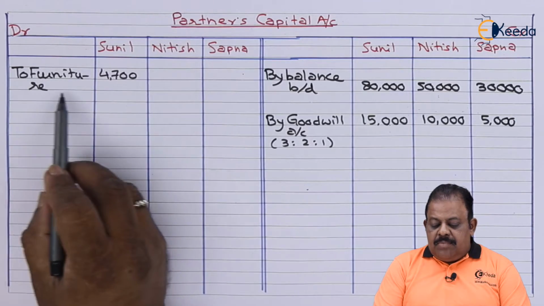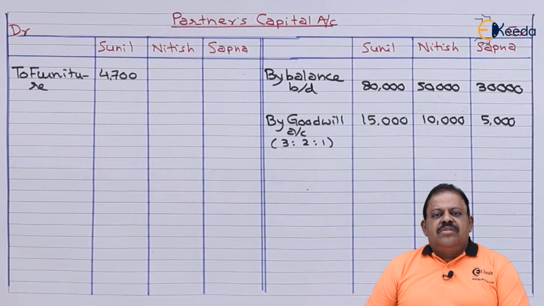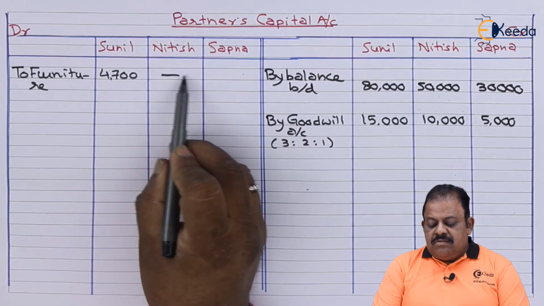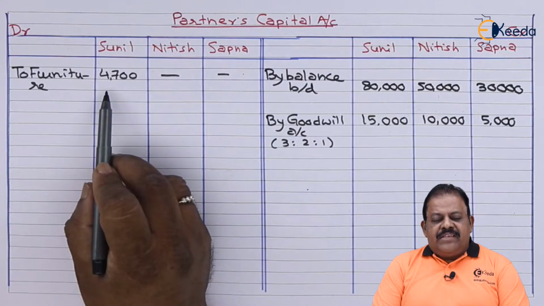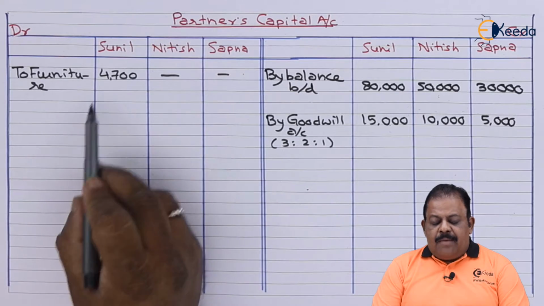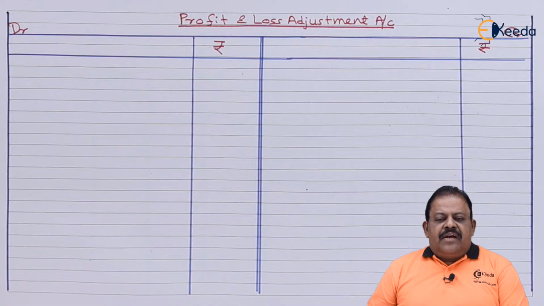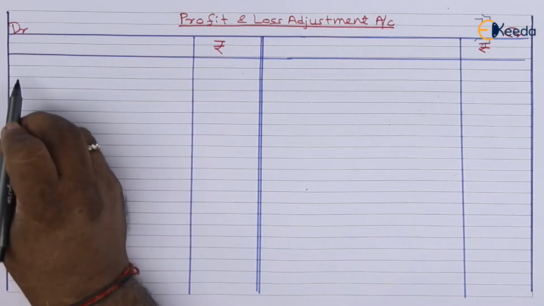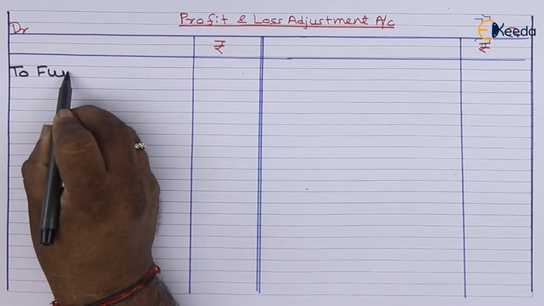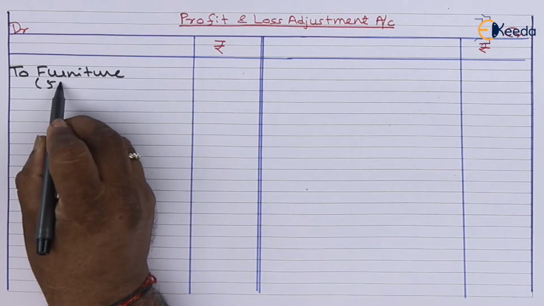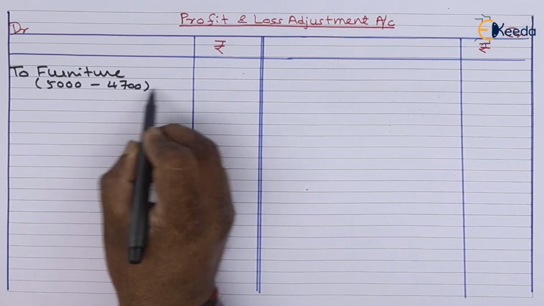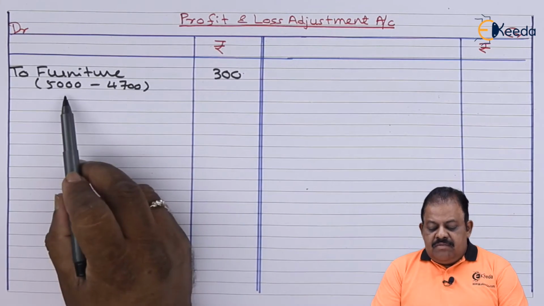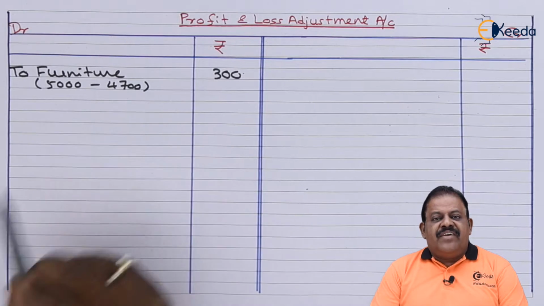Sunil's capital account debit, to furniture 4,700. As it is withdrawn by Sunil, it will be drawings debited to his capital account. Difference 300 will be debited to profit and loss adjustment account, to furniture 300, 5,000 minus 4,700.